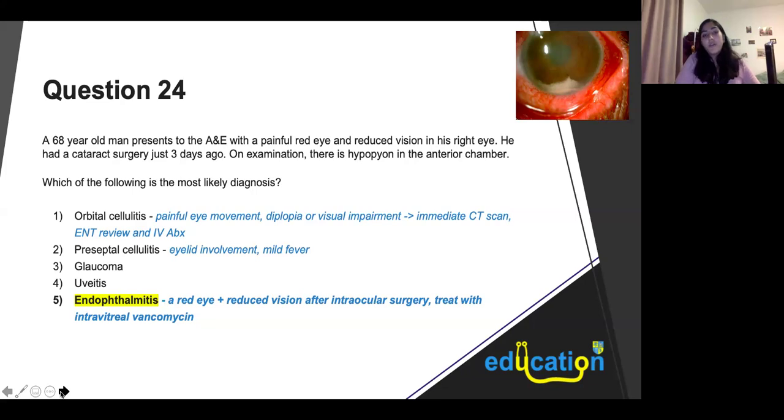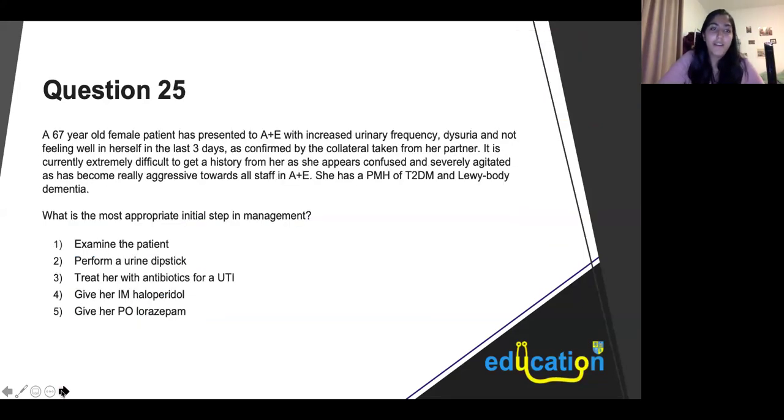But yeah, so easy marks, just cataract surgery and endophthalmitis. Obviously, in real life, it's not like that. In real life, I got really excited because someone came in a day after surgery, and I was like, "It's got to be endophthalmitis," and it was not. So this is only for an SBA, but it is a good, easy mark.